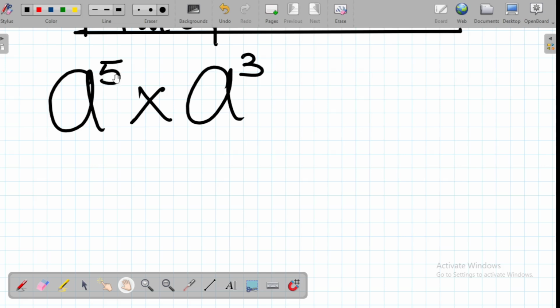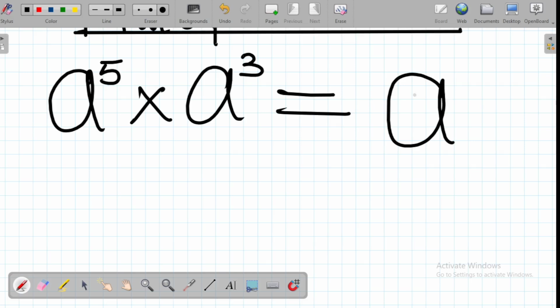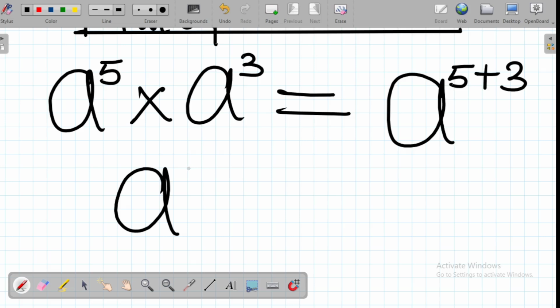The indices here are 5 and 3. Now, our next task, according to the multiplication law, is to write the base and then add up the indices. So we have 5 plus 3. So our answer becomes a raised to power 5 plus 3, which is 8. So this is our answer.